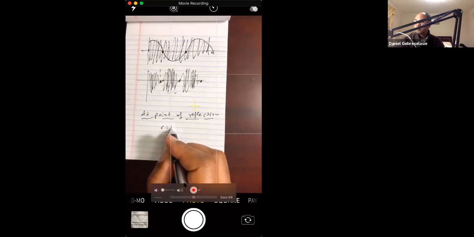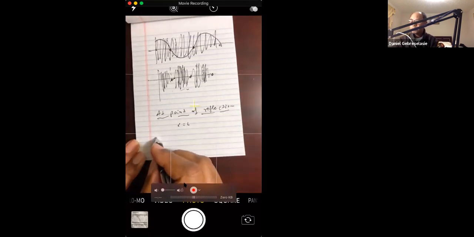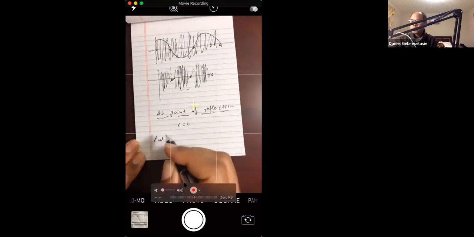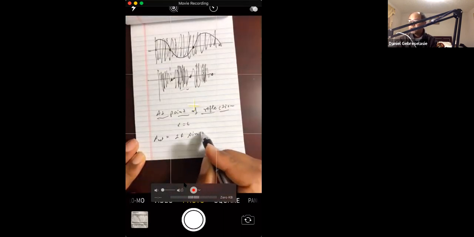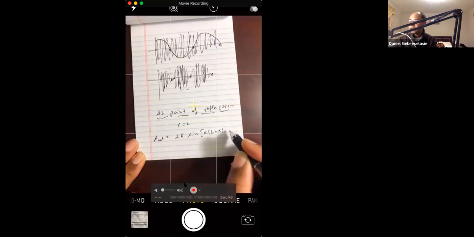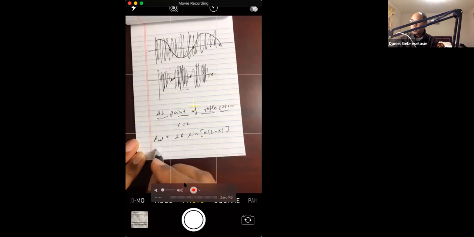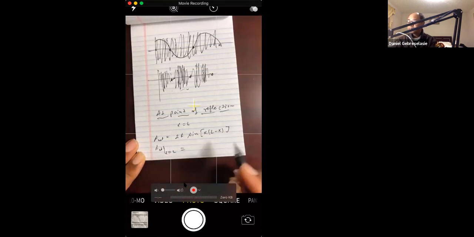So at the point of reflection, x equals L, the amplitude is this one over here, 2a times sine of k(L minus x), okay? So at x equals L, what do you get?